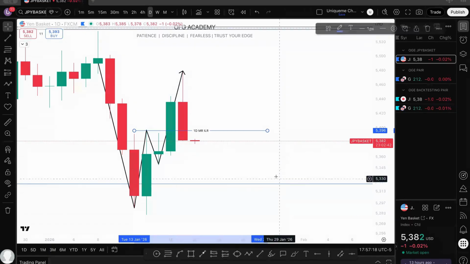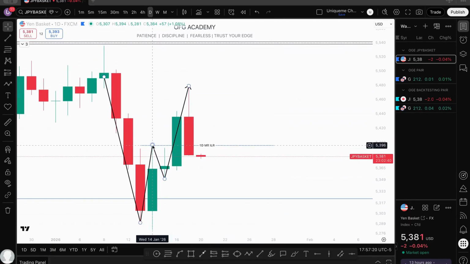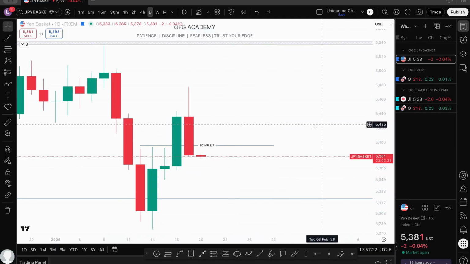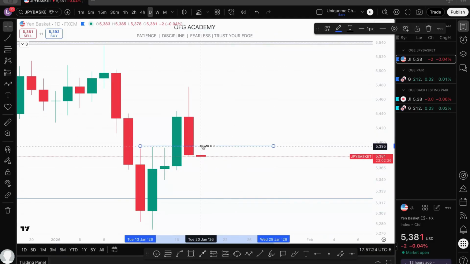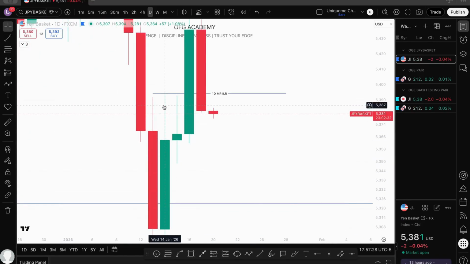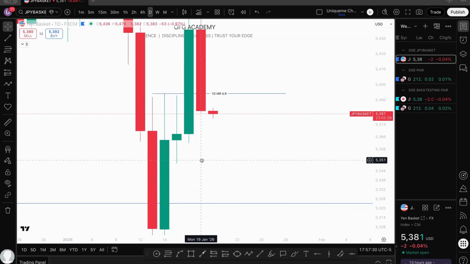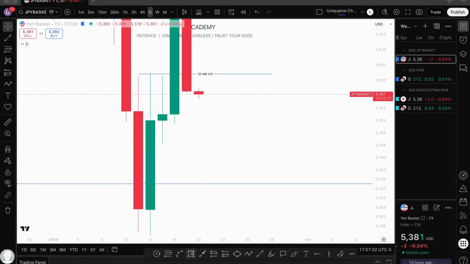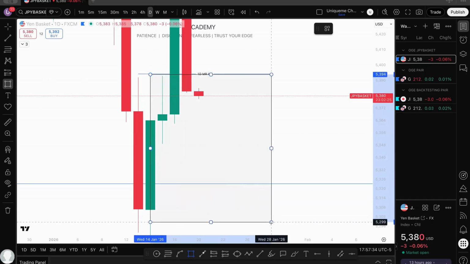Making that a mitigation block, this candle here, that's what grabbed my attention. I was like, oh my god, something was being created there. Can you see it? One, two, three. There was a mitigation block here, right? So this whole candle is a mitigation block zone.